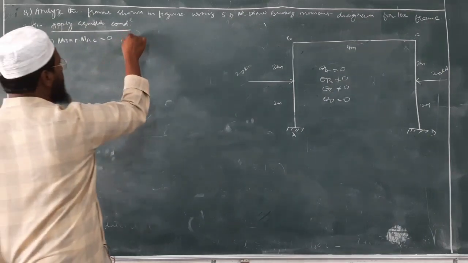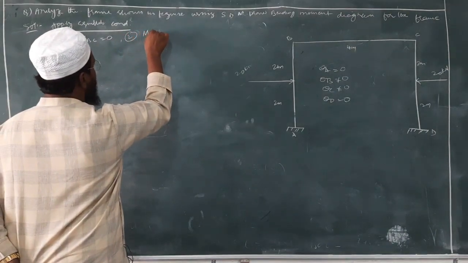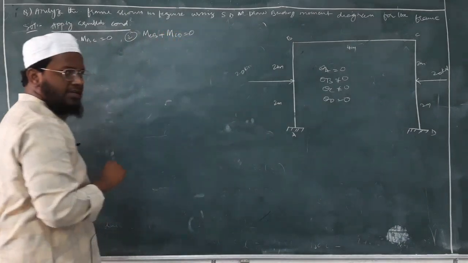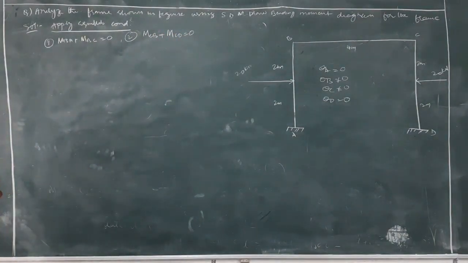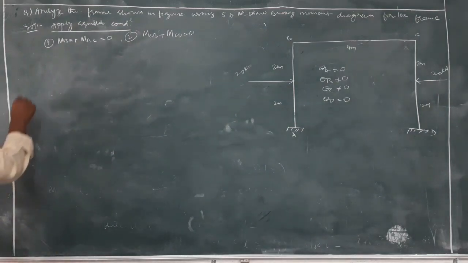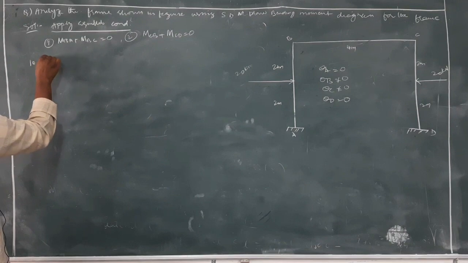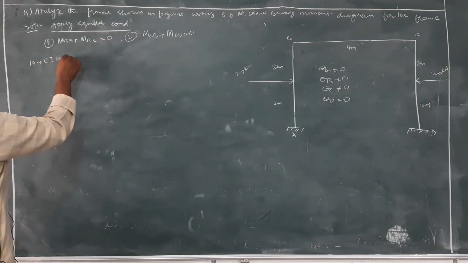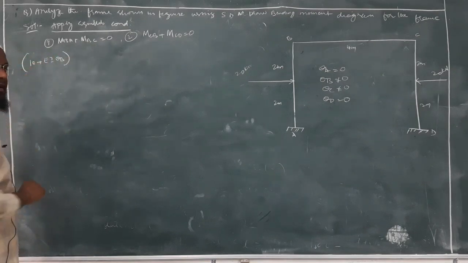What is another condition we have? MCB plus MCD is equal to 0. So first we will apply this one. What is MBA we have? 10 plus EI theta B. This is MBA, right?